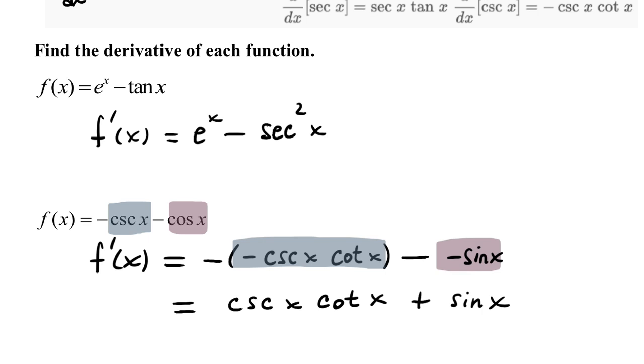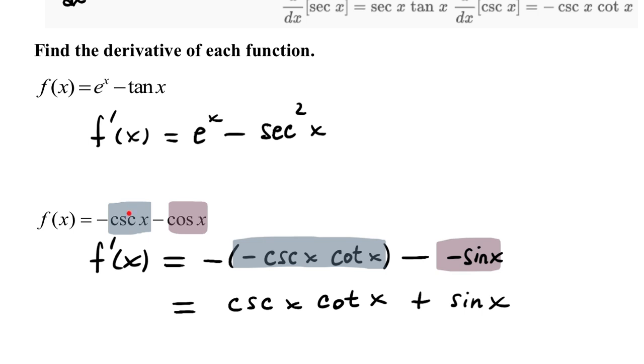Let's also define a function as negative cosecant x minus cosine x. Now, I shaded these in class so that we could color code and be careful when we were taking derivatives. These negative signs I did not include in the shading. So those lead negatives are the same. The minus sign in the middle is the same.